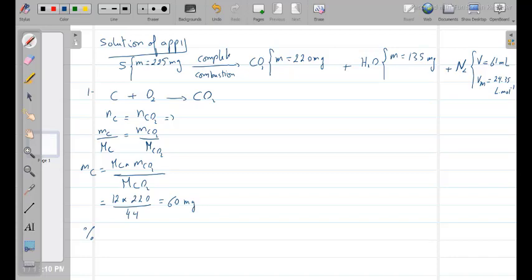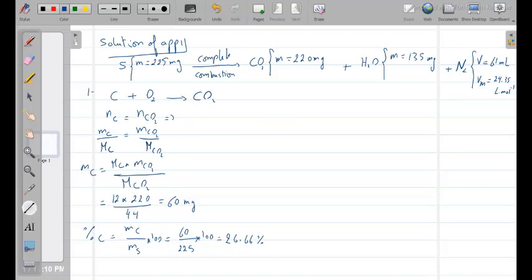Now percent by mass of carbon equals mass of carbon over mass of S times 100, equals 60 over 225 times 100, equals 26.66%.